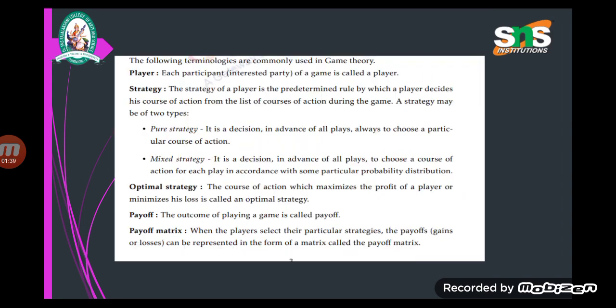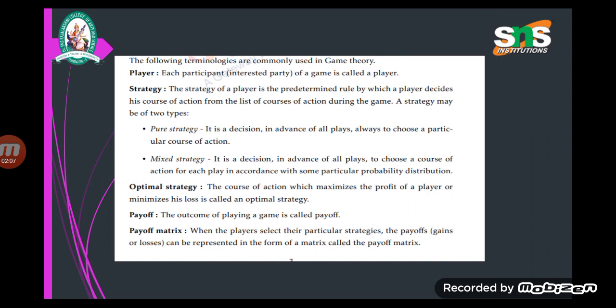There are many terminologies used in game theory. First terminology is player. Each participant taking part in a game is called a player. Strategy will differ according to the game. Strategy of a player is a predetermined rule by which a player decides his course of action from the list of courses of action during the game.